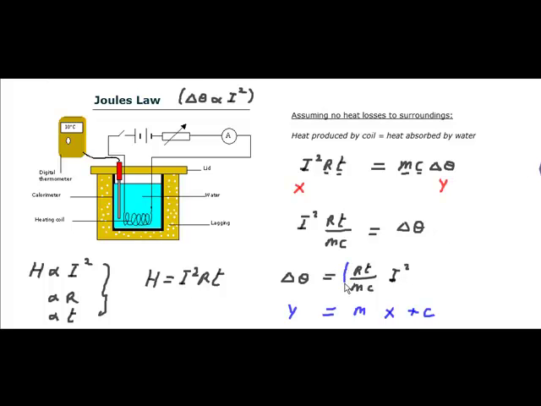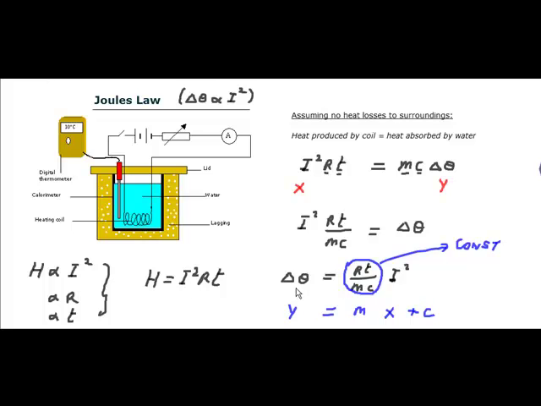And of course this in the blue circle here, that's all a constant. It's constant because the four quantities in that are all constant. So that would be the slope of our graph, RT over MC. By the way, don't get these two m's mixed up. The blue m is slope, the black m is mass.